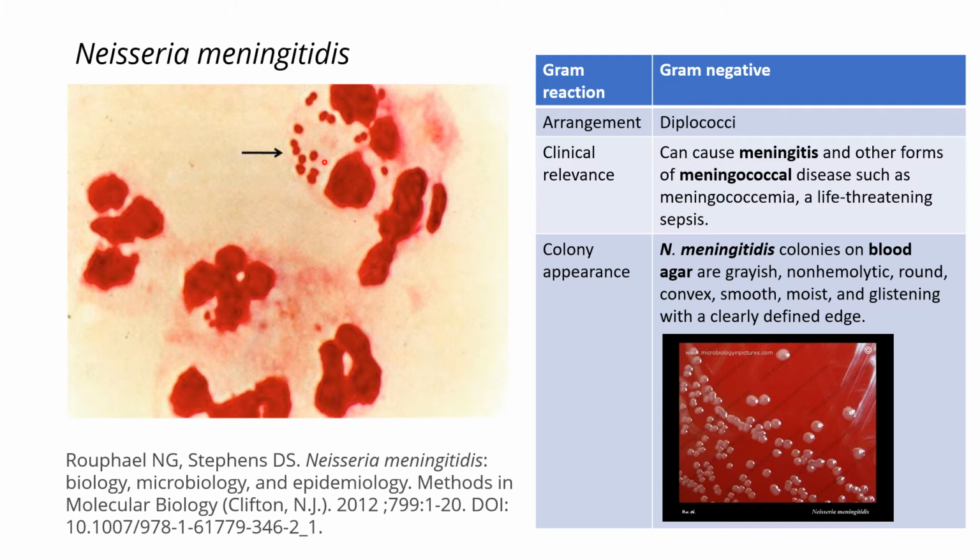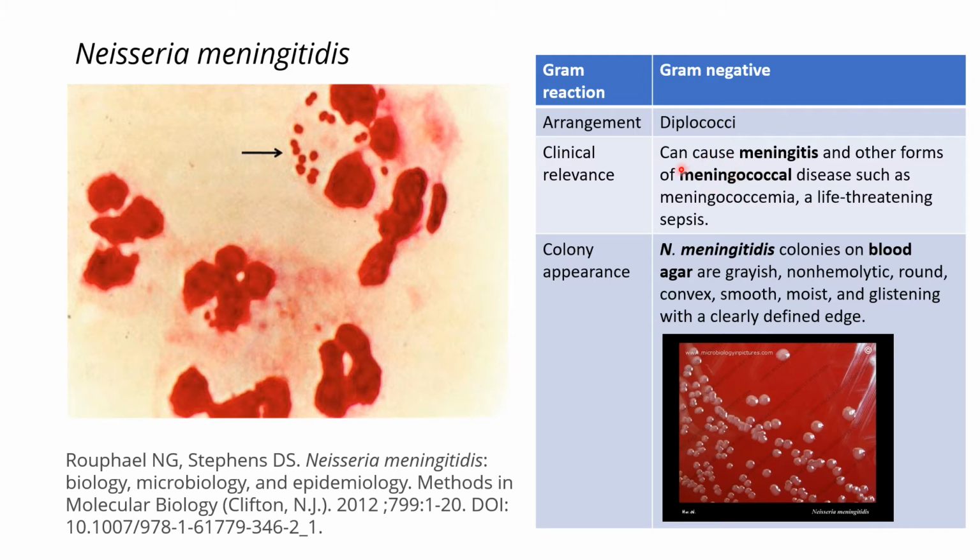Another diplococci, of course, we have Neisseria meningitidis, but this time, compared to gram-positive Streptococcus pneumoniae, we have a gram-negative bacteria. From the word meningitidis, of course it can cause meningitis, and another form of meningococcal disease, such as meningococcemia.